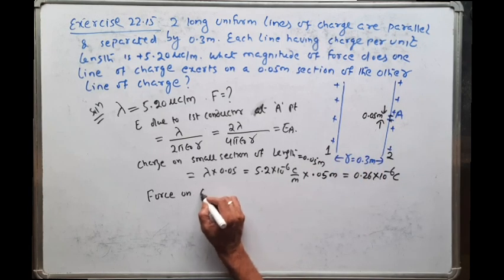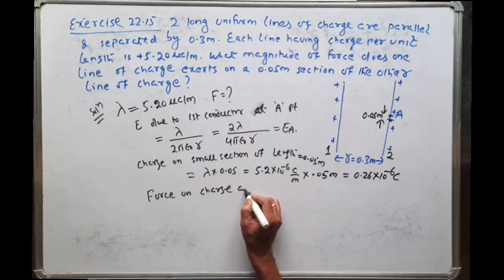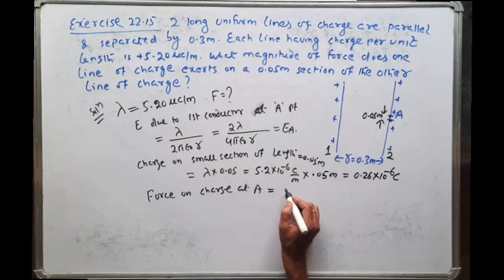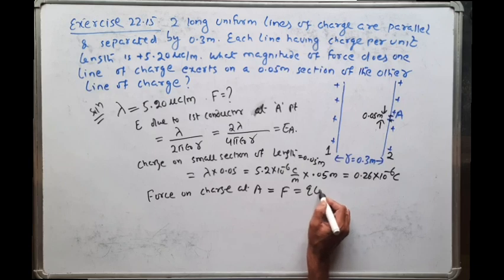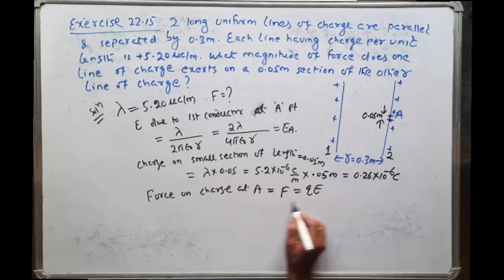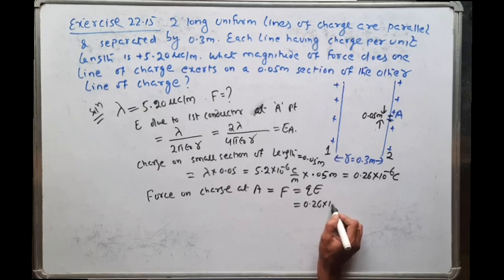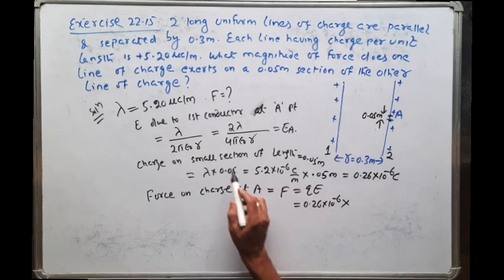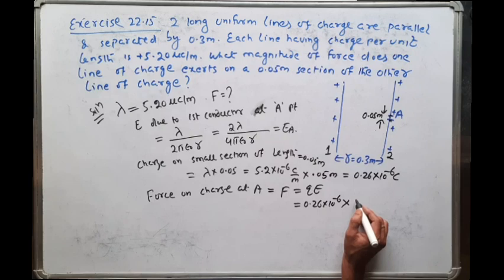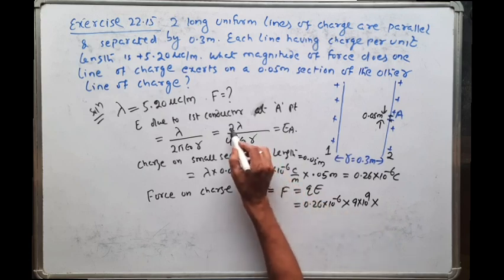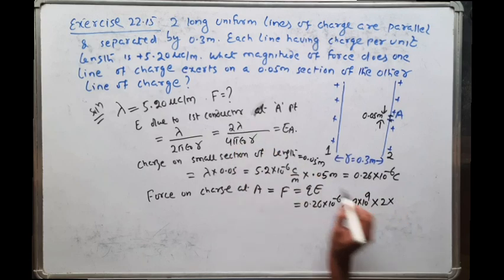The force on the charge at A is F equals Q times E. So what is Q? Q is equal to 0.26 into 10 to the minus 6. What is E? E is 1 by 4 pi epsilon naught, which is 9 into 10 to the power 9, into 2 into lambda.